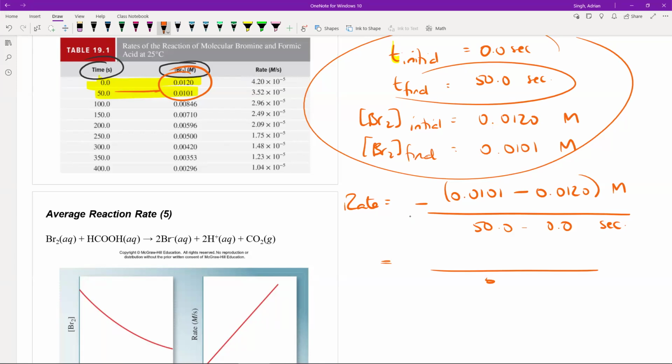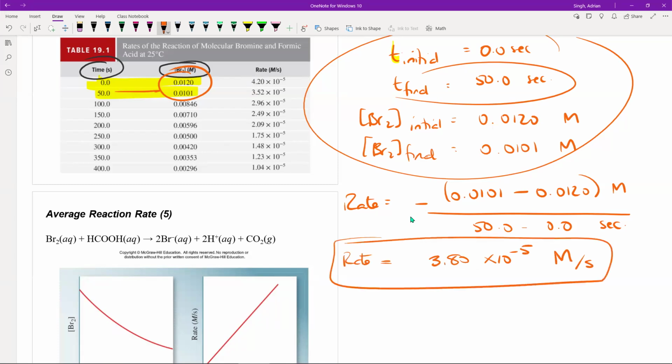Whatever I get in the numerator, I divide by that, and I end up with a positive value because the number in parentheses ends up being negative. We take the negative sign, so we end up with 3.80 times 10 to the negative 5, and our unit is molar per second. And so you can calculate the rate over the first 50 seconds.